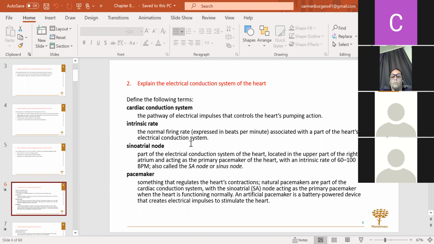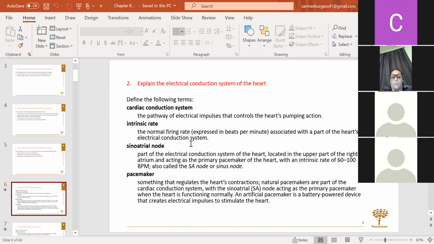Right. So if my SA node is the primary pacemaker of the heart, the intrinsic rate is 60 to 100 because that's the normal heart rate. If you are a normal human being with a normal heart and a normal heart rate, it's coming from the SA node and it's 60 to 100. So if I ask you what's the intrinsic rate of the SA node, you will automatically say 60 to 100.